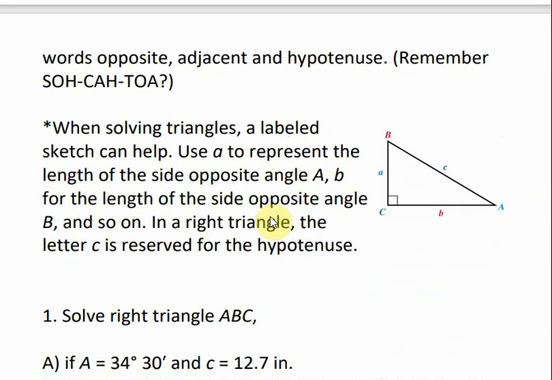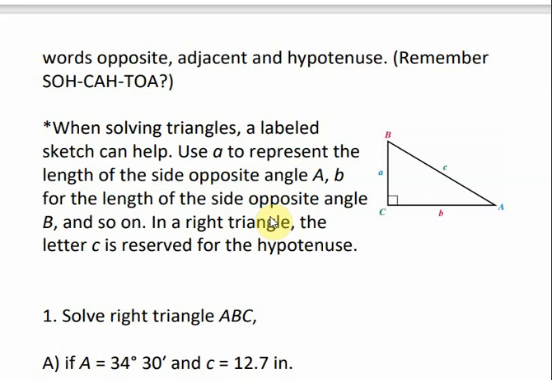Remember SOHCAHTOA, or some old hippie caught another hippie tripping on acid? We're going to use those to help us solve a triangle. When we're solving triangles, it helps to label the different parts of the triangle that we have.